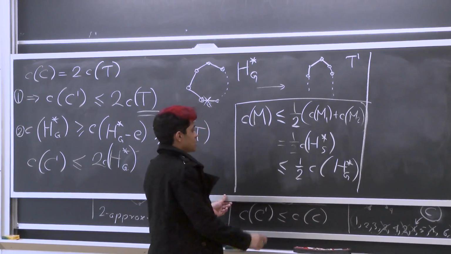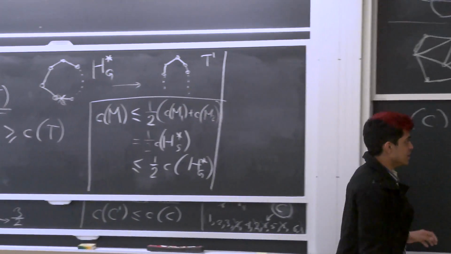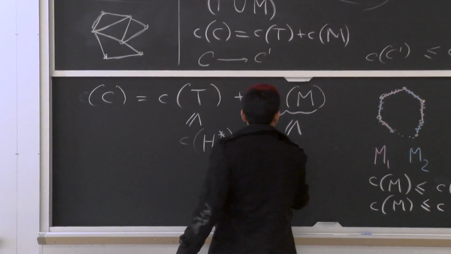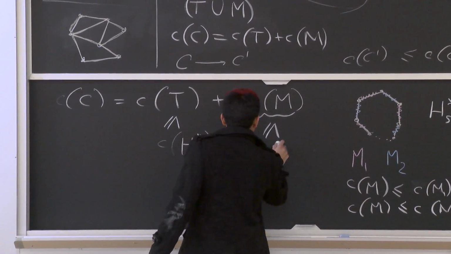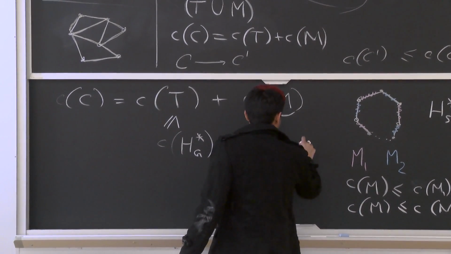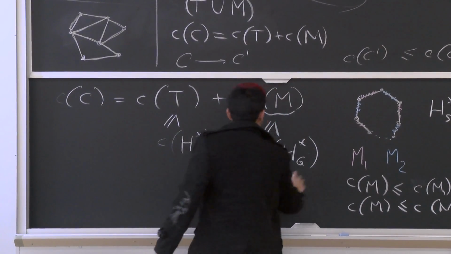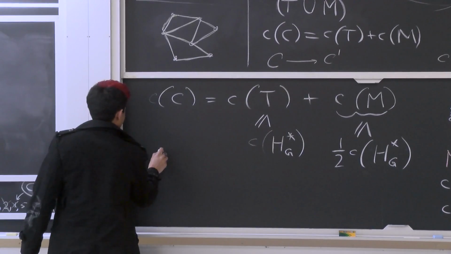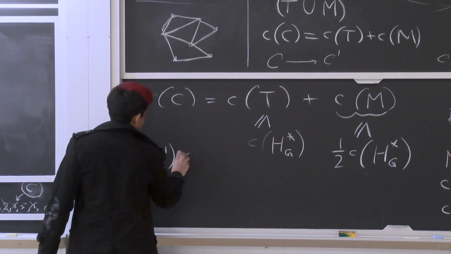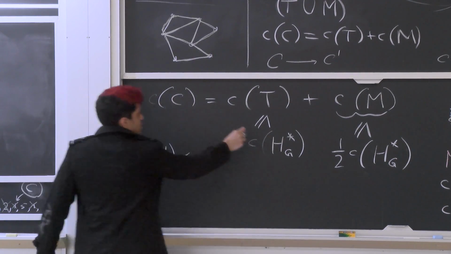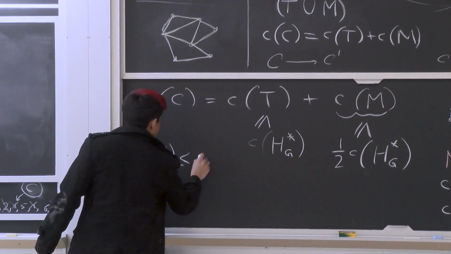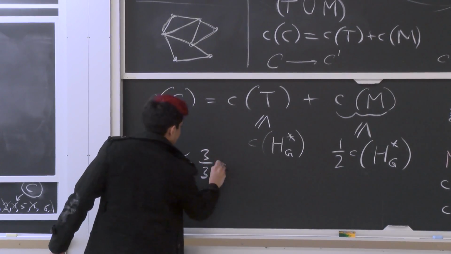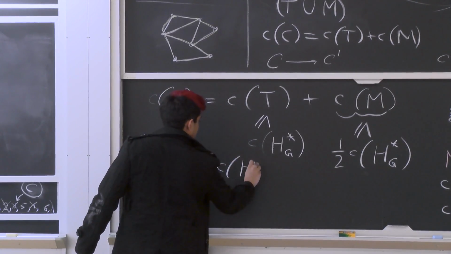So now we have all we need. Then add them together, and you get cost of c dash is less than or equal to cost of c is less than or equal to the sum, which is equal to 3/2 cost of h star of g.